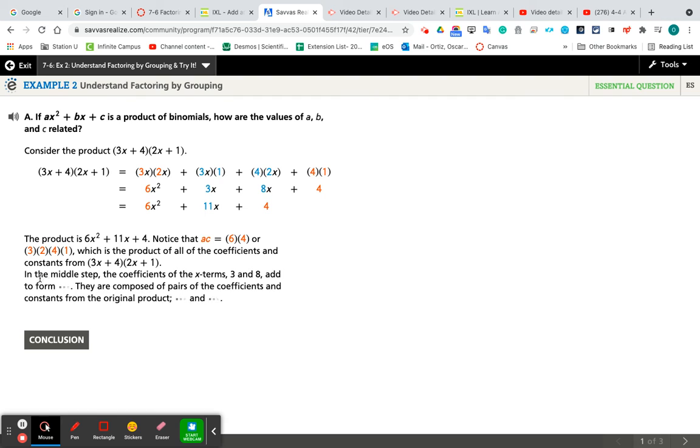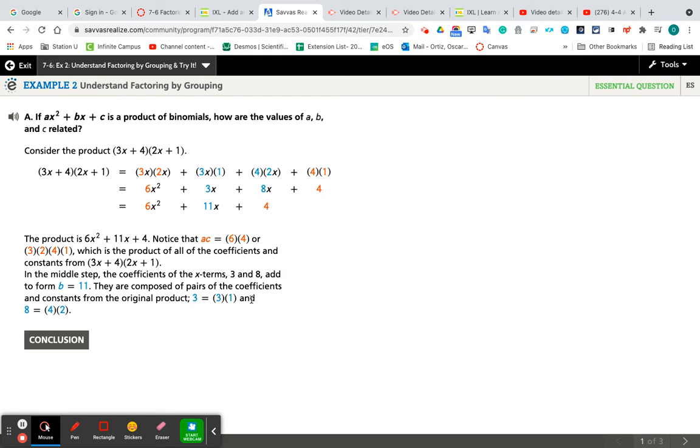And the other relationship that we notice is that in the middle, the coefficients of the x terms, 3x and 8x, add up to 11x. So they are composed of pairs of the coefficients and constants from the original product. So 3 is 3 times 1, and 8 is 4 times 2.